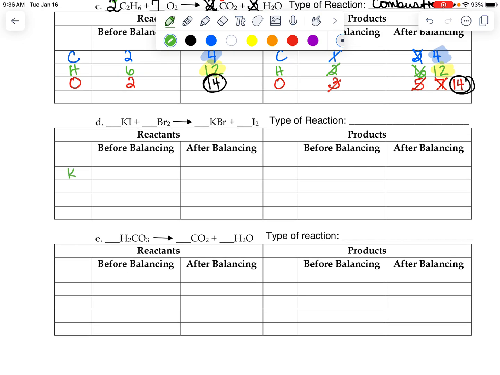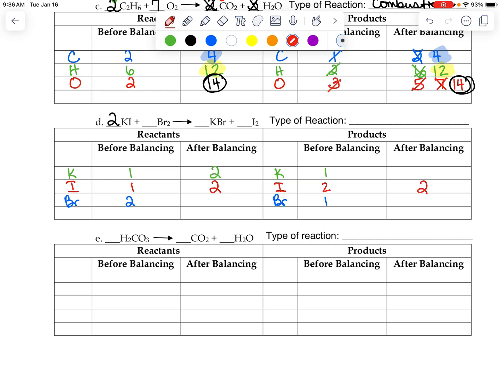We're going to do potassium 1 going in, potassium 1 coming out, iodine 1 going in, iodine 2 coming out, bromine 2 going in, bromine 1 coming out. So we're not quite even. I'm going to fix my iodines first. I'm going to put a 2 in front of the KI. That's going to give me 2 potassium and 2 iodine.